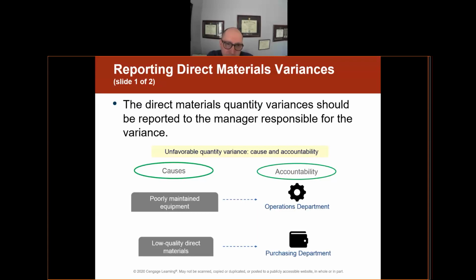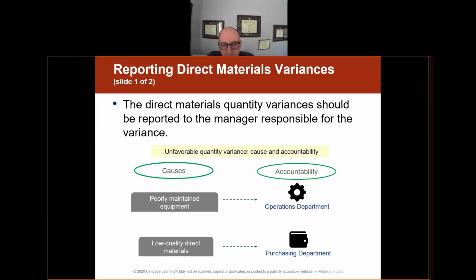Some reasons for this type of reporting are to show management what the causes are in order to reduce unfavorability. Because as managers, we don't want to have anything unfavorable. Unfavorable is not good, right?